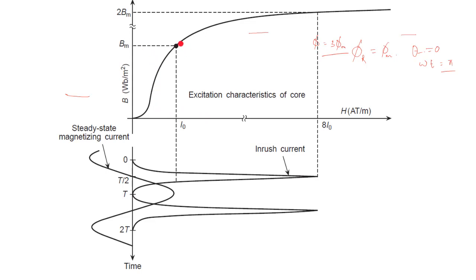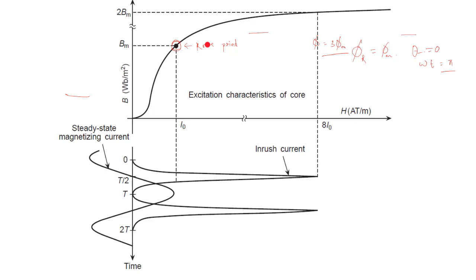So this is the normal operating condition. Generally the normal operating condition for the power transformer is at the knee point, so we call this the knee point. Beyond the knee point, any more flux we need, your magnetizing current will become very high.